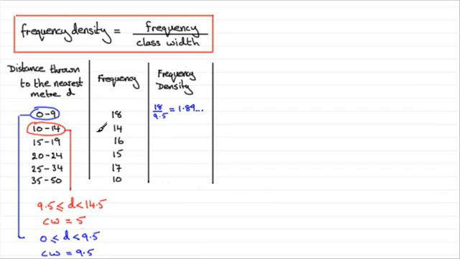For the class 10 to 14, we've got to do 14 divided by the class width, which we know is 5 units, going from 9.5 to 14.5. If you do 14 divided by 5, you get 2.8. Now you need to work out the other values, and you might like to pause the video and give it a go.